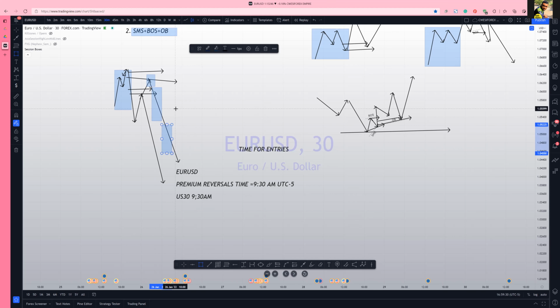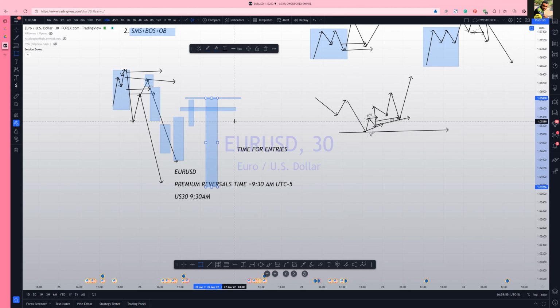Then your second entry. Your first entry can be 9:25 or 9:30, and your second entry can be around 11 a.m. At 11 a.m. you start having some pullback, then you have another entry. That's for the sell setups.